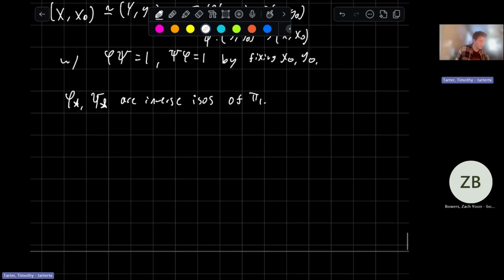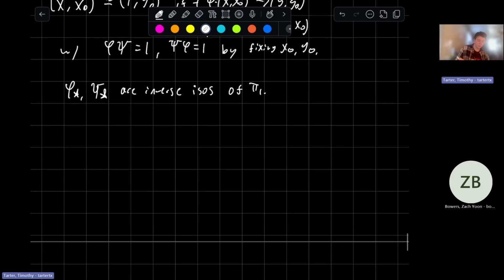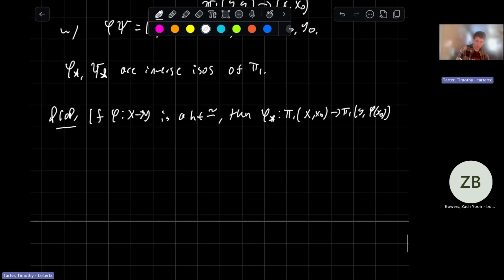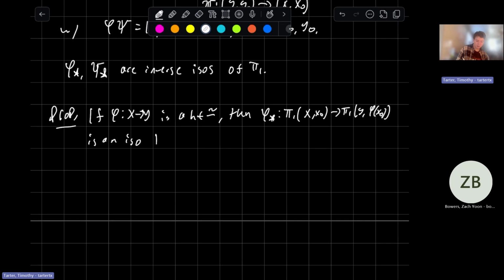For homotopy equivalences, since we don't have to care about the base point as long as we're working in a connected domain, if phi from X to Y is a homotopy equivalence, then the induced homomorphism phi star from pi 1 of X, x naught to pi 1 of Y, phi of x naught is an isomorphism for every x naught in X.